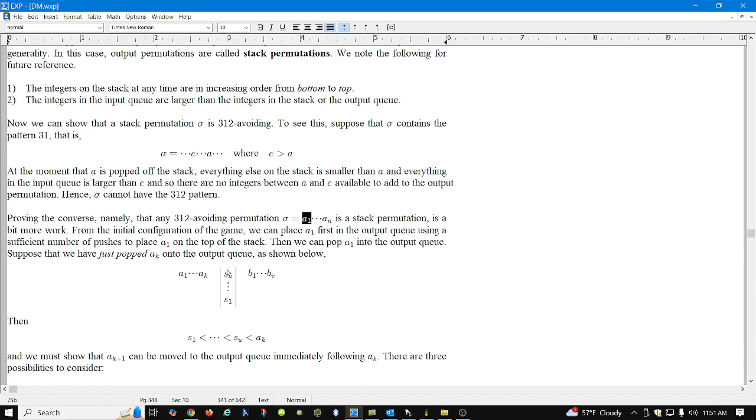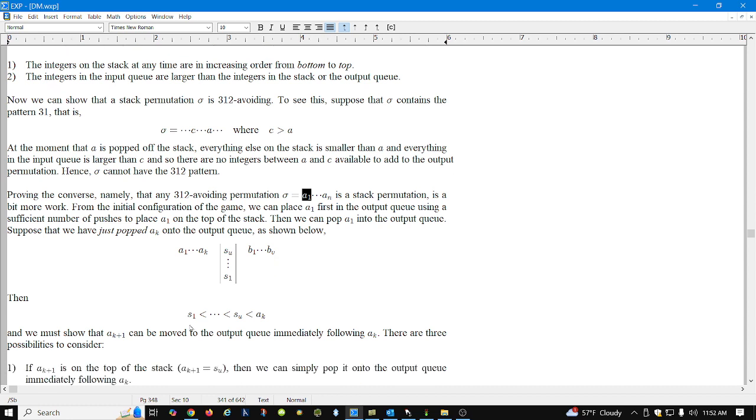And again, SU is the biggest element of the stack, smaller than all the A's, smaller than AK in particular, and these are all the biggest elements anywhere. So we have this order on the stack, S1 through SU, and AK is bigger than SU because we just popped it off. So it was at the top of the stack. It was the biggest element on the stack.